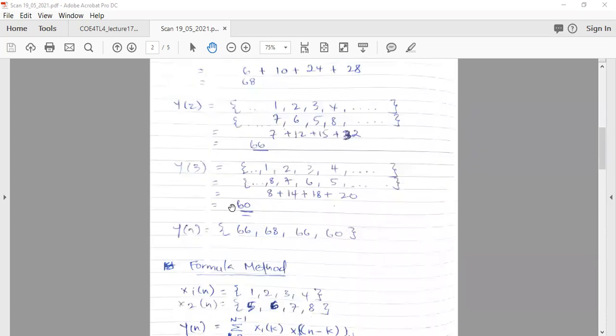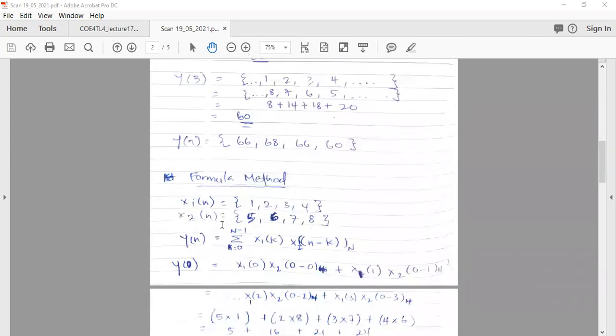The same goes with the formula method. In this particular case, based on the formula, we flipped x2 of n and then we shifted x2 of n, isn't it? While we kept x1 of n constant, as it is, right? We did not shift x1 of n, right?